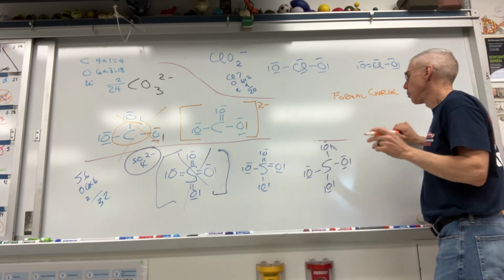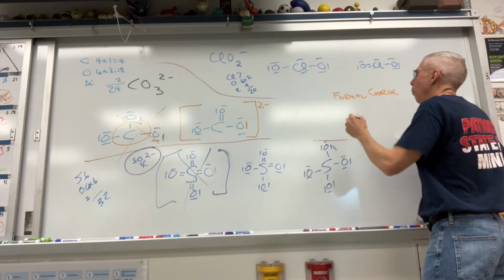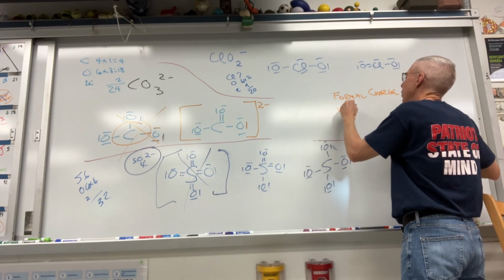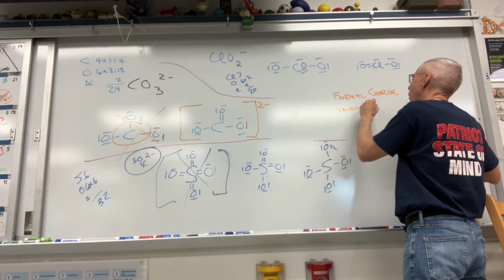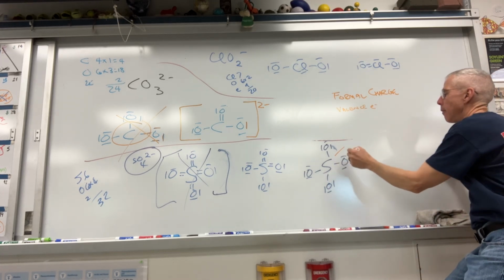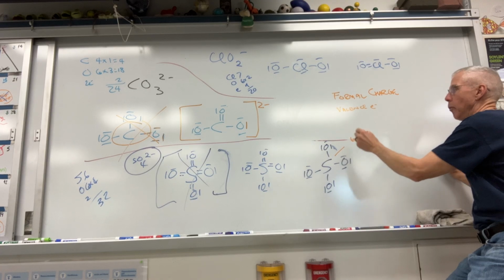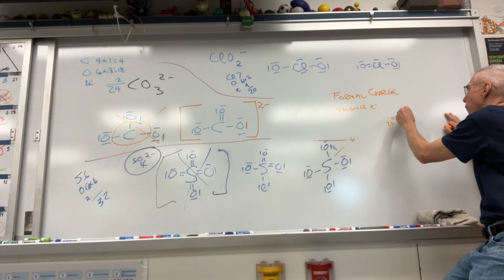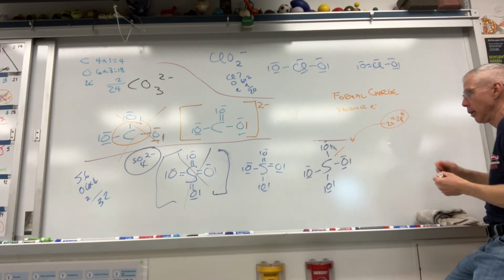Okay, so let me show you an example. What we're going to do is we're going to count the number of valence electrons that it has. Okay, like for this one, sulfur should have 6. Why? Because it's 2s2, 2p4, right? So it's got 6 valence electrons.